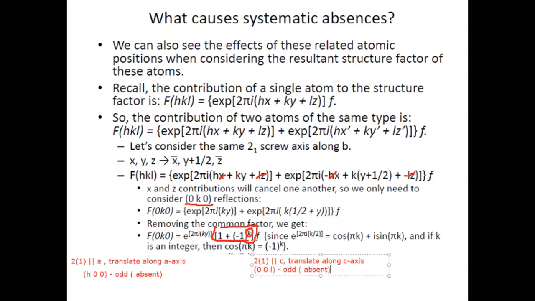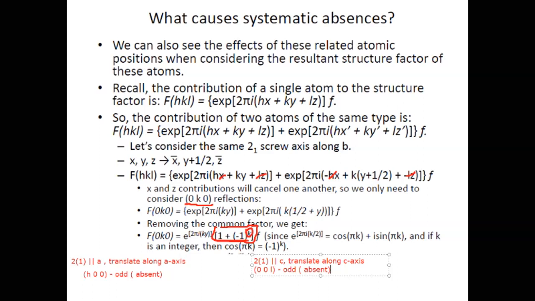And so for a screw axis, if it's parallel to A, you're looking at the h00, are the odd ones absent? If so, then there's a screw axis present along the A axis. If it's 0k0, that tells us that the screw axis is going to be a 2-1 parallel to B. We look at the odd reflections, are they absent?